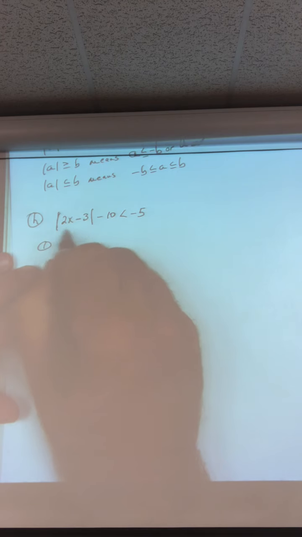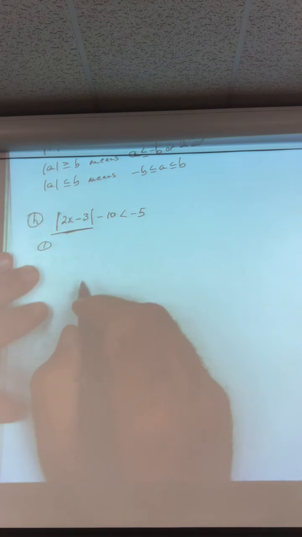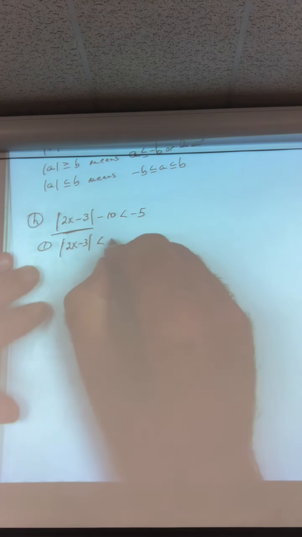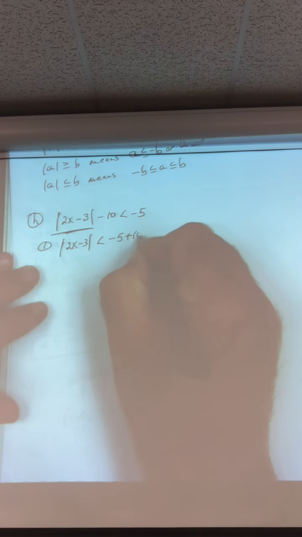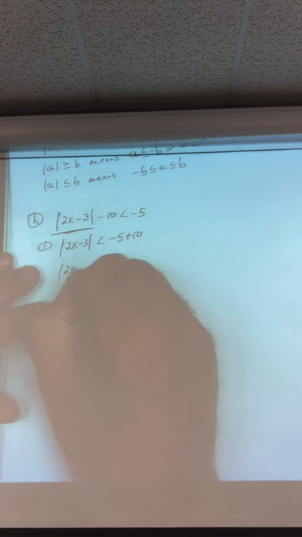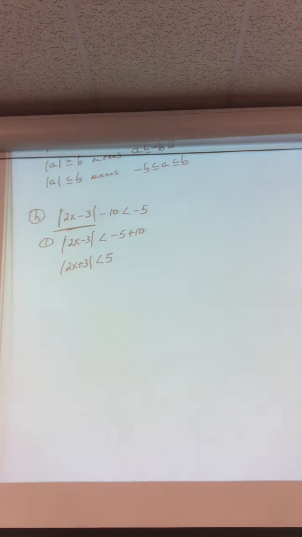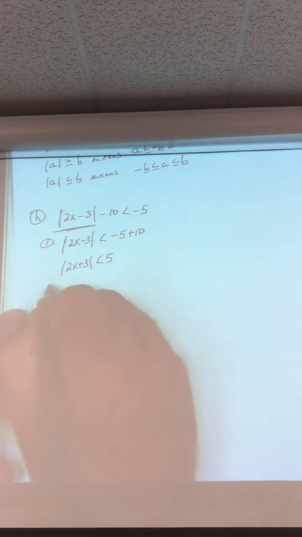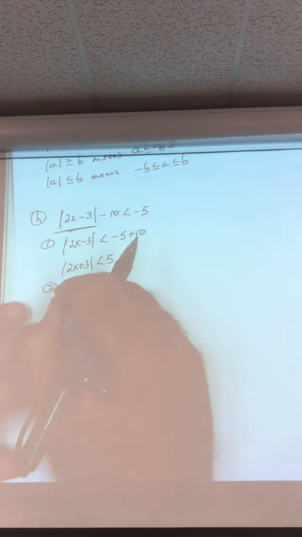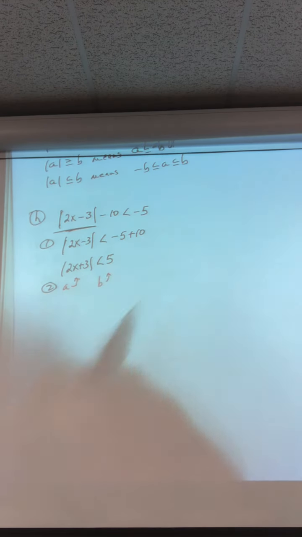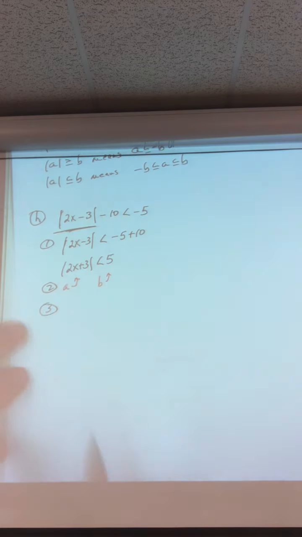Get the absolute value on a side by itself. It is not. If you don't do this first, it throws off the entire problem. Step two, identify A and B. Step three, now determine the formula you're using.